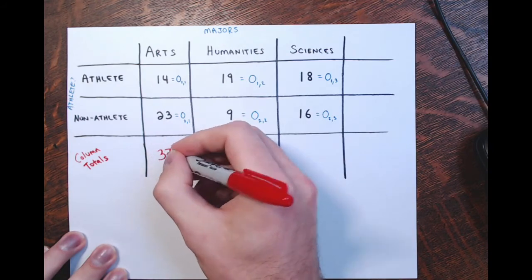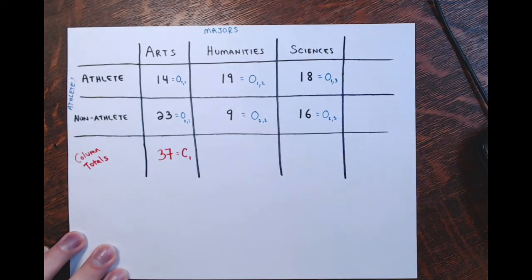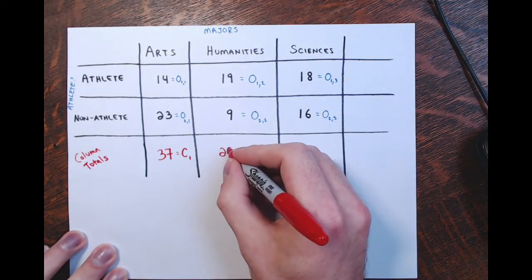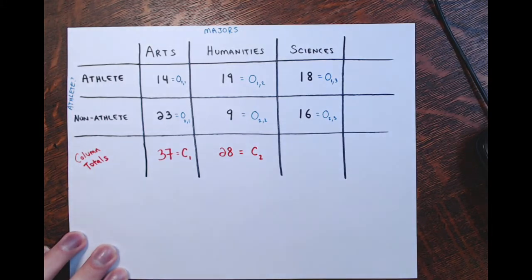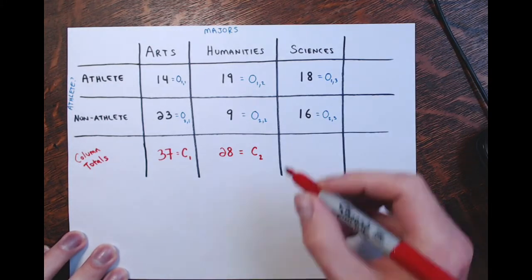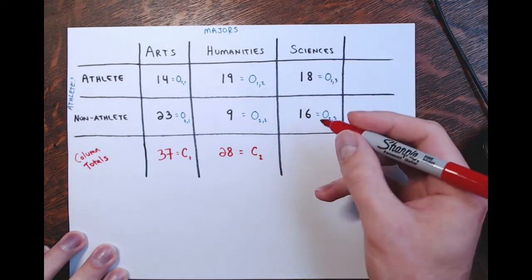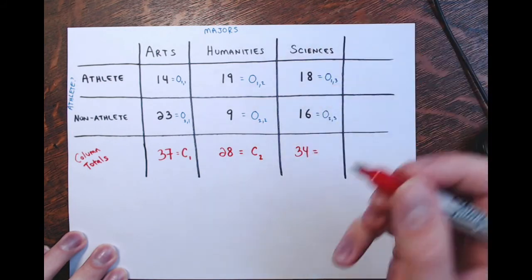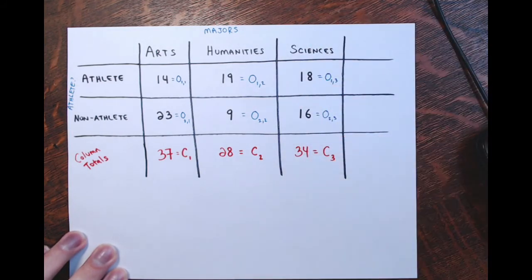I'll call this C1 for the first column total. How many majored in humanities? 19 and 9, 28. I'll call this C2 for the second column total. And then 34, 18 and 16: 34 of these students majored in sciences. I'll call this C3.